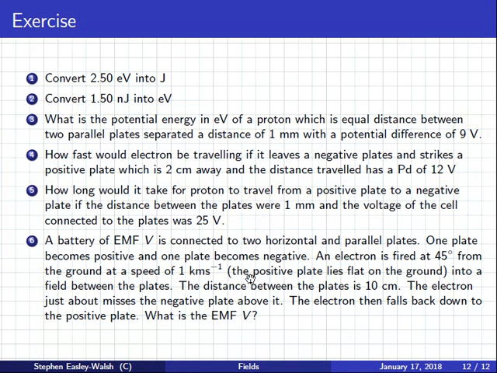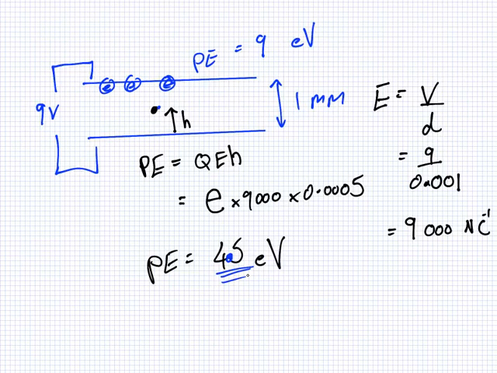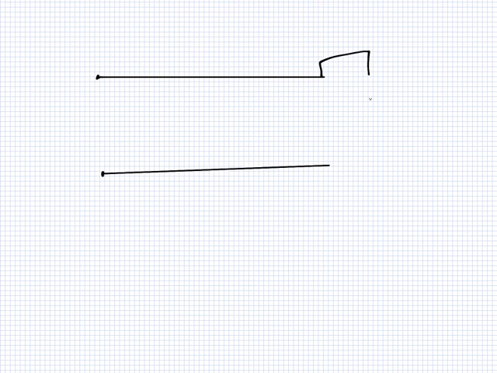Right. How fast would an electron be travelling if it leaves a negative plate and strikes a positive plate, which is 2 centimeters away, potential difference of 12 volts? What's the potential? 12.